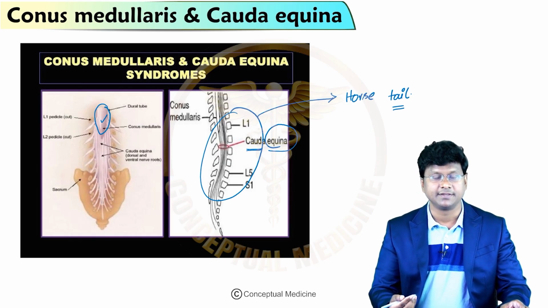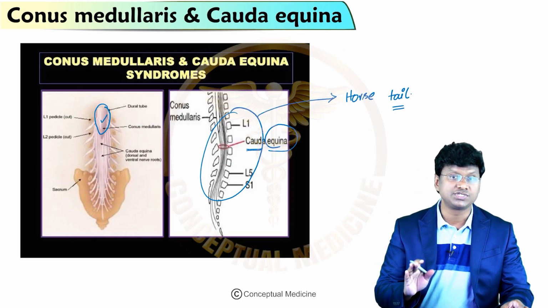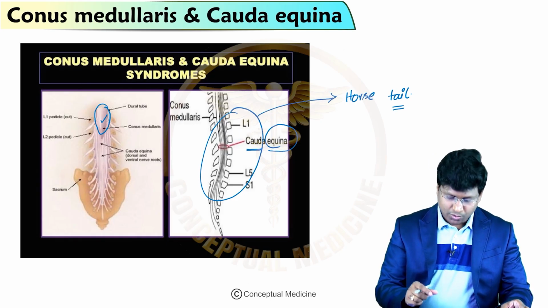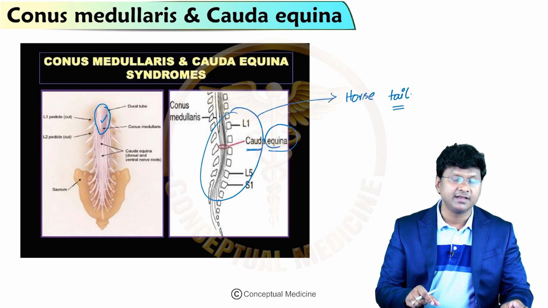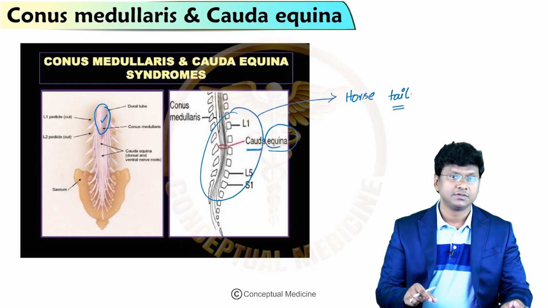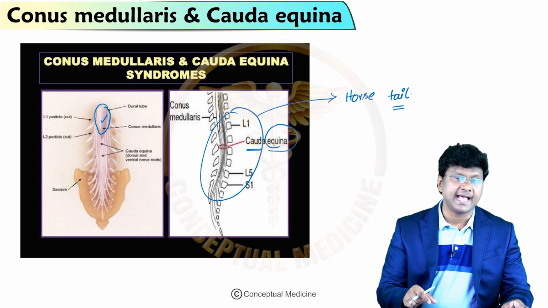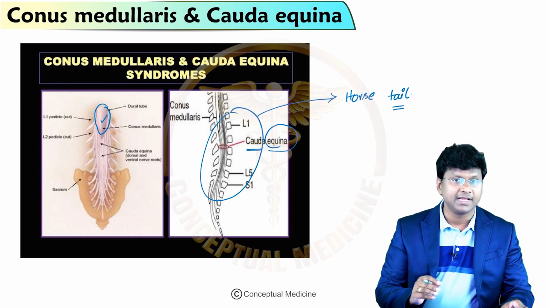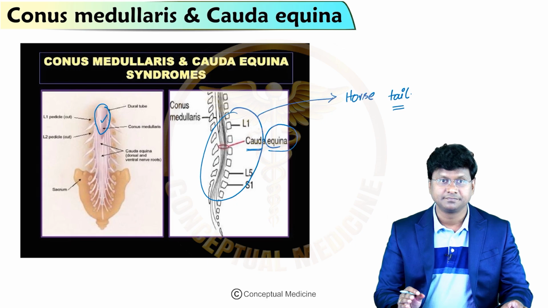Cauda equina is nothing but the horse tail. The bunch of sacral and lumbar spinal nerves appears as the tail of the horse.